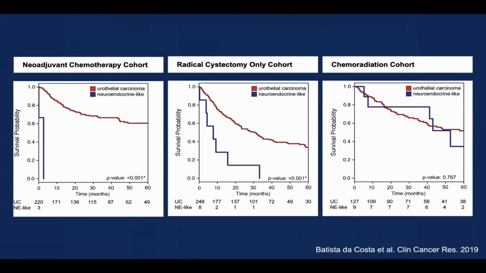And so we looked at the survival outcome again of these patients, and you can see the neoadjuvant chemotherapy cohort. There are only 3 of them, but all 3 patients did dismally. In the radical cystectomy cohort, they did poorly. Again, all patients had died around the 30-month mark. Very interesting, the patients in the chemoradiation cohort actually didn't do that much different than the conventional urothelial cohort.